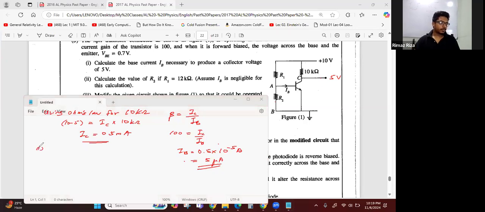So Roman number 2. Calculate the value of R2 if R1 is 12 kilo ohm. Okay, so this is 12 kilo ohm.